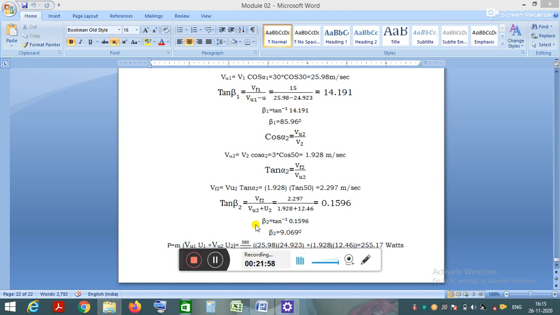We will get 380 into 10 to the power of minus 3 kg per second. We already found the values of Vu1, U1, Vu2 and U2. Substitute the values and you will get the power developed by the turbo machine. That's all for today. We will discuss in the next class.